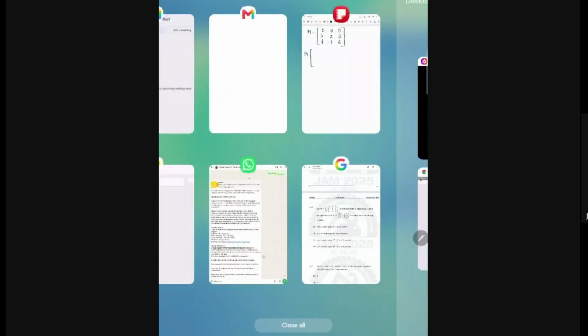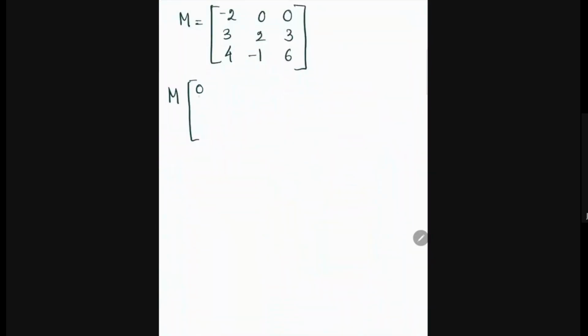M is minus 2, 0, 0, 3, 2, 3, 4, minus 1, 6. M of 0, 1, 1. What will we get?